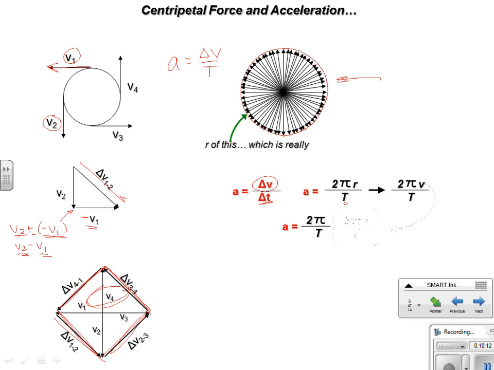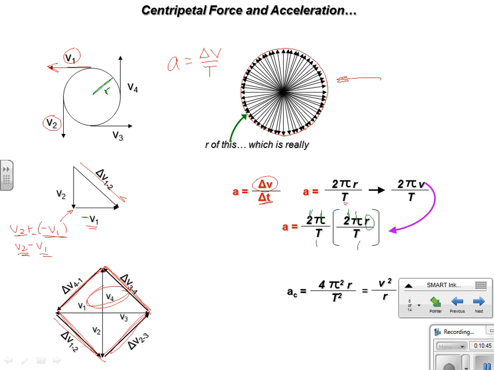And v really is 2 pi times the radius of the actual circle that it moves in, divided by the period. Are your eyes bleeding yet? So, just doing some math here, 2 times 2 is 4, pi times pi is pi squared. There's an r by itself, and then t times t is t squared. There's one way to calculate centripetal acceleration.